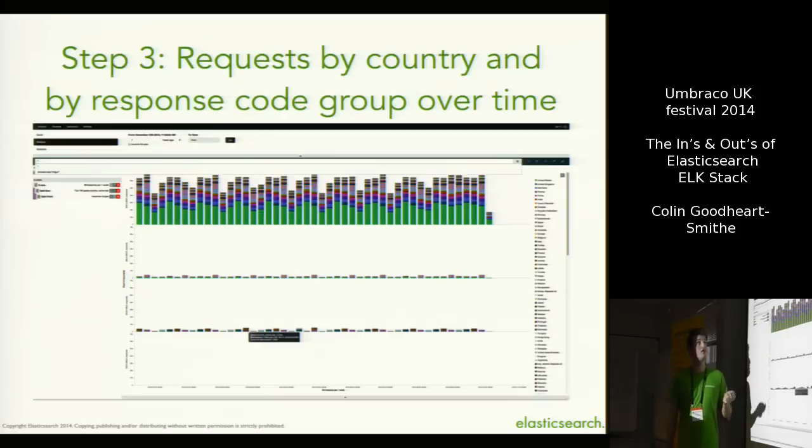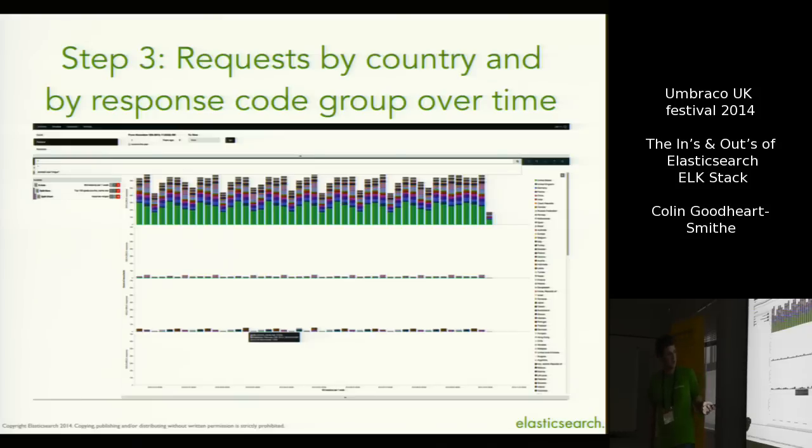So from this, we might have some stuff to investigate down here, but we don't really know. So we can go a stage further again, and we can add a new dimension to the aggregations and split each of these weekly bars up into the country that the request came from. So it's a bit hard to see on here, but the green bars are the United States. So they get the majority of the 200 requests. So I'd say our website is probably most popular in the United States.